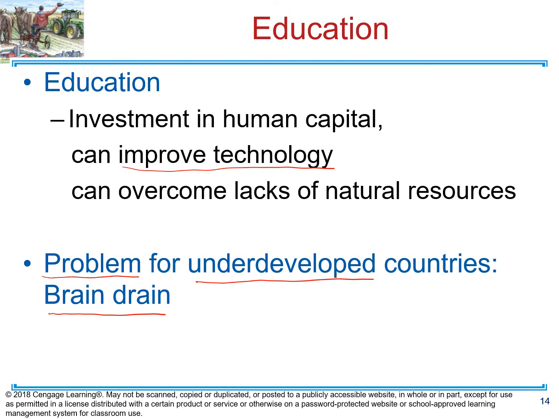So they want to stay in the United States or in European countries, and that is called brain drain from underdeveloped countries. That is a big problem for those countries. Those underdeveloped countries should have policies attracting those highly well-trained people back to their home country to develop their economy.